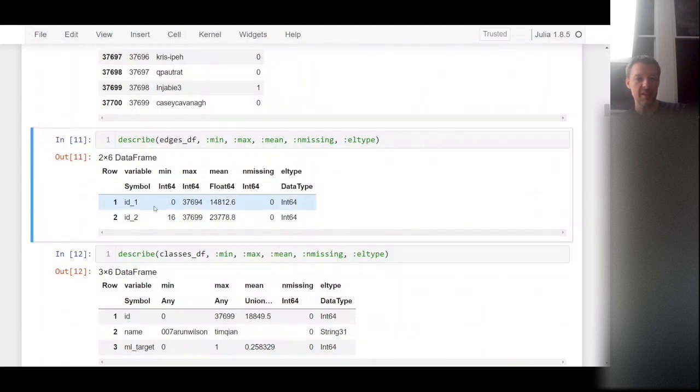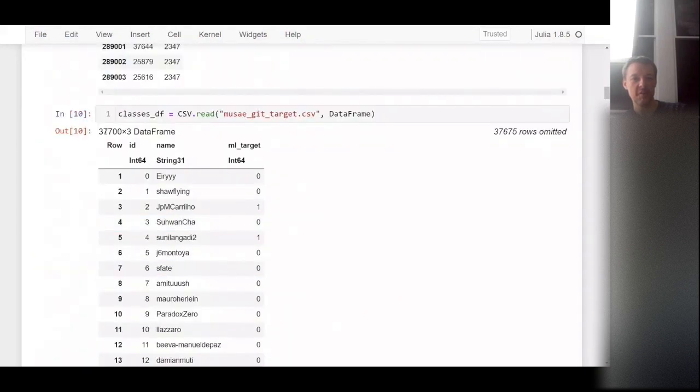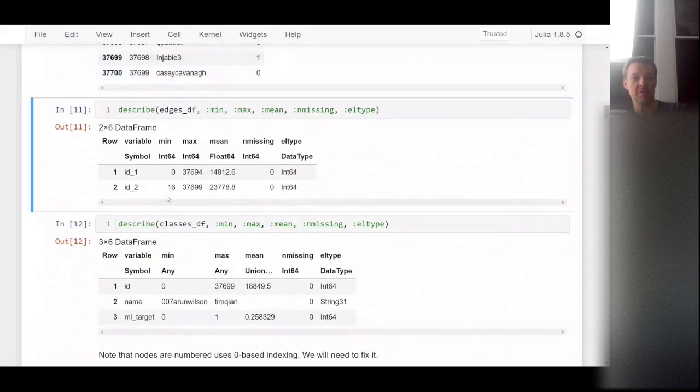We can see that the minimum number is 0 and the maximum number overall is 37,699, which is 1 less than the number of rows in the second data frame. This is expected because developers use numbering starting with 0, not with 1. So if we are starting with 0, we end up with 1 less.